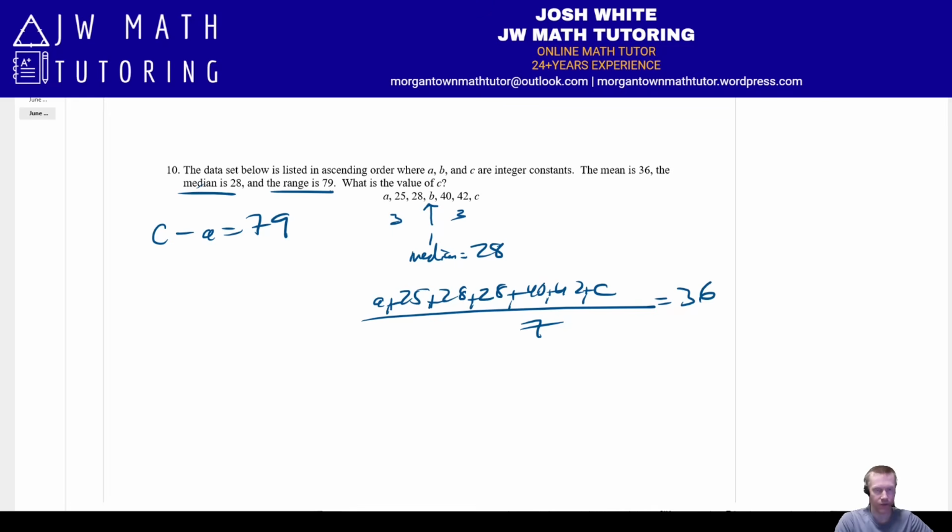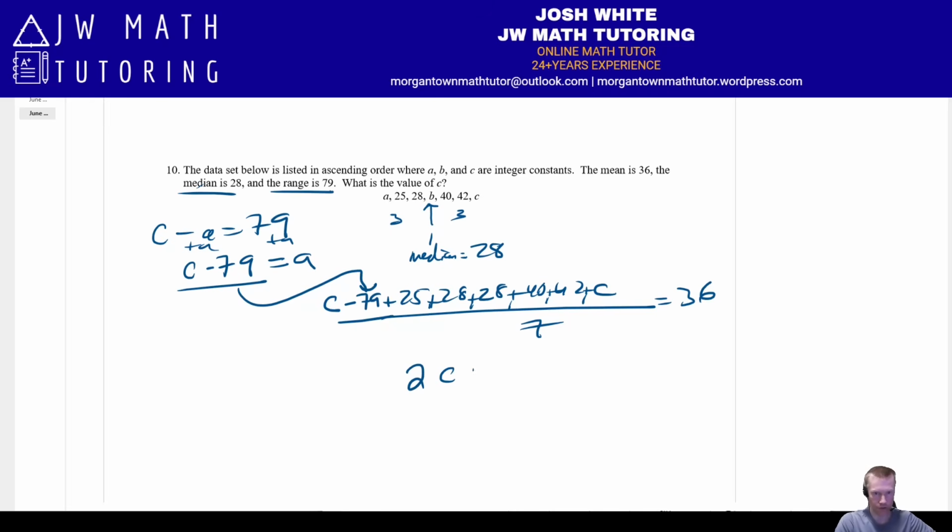Now, since it's asking for C, I'm going to rearrange this and basically turn it into C minus 79 equals A, just add A to both sides and then subtract 79. And then this will get plugged in for A. So now, essentially what you have is C minus 79 plus all these numbers, plus C, over 7 equals 36.